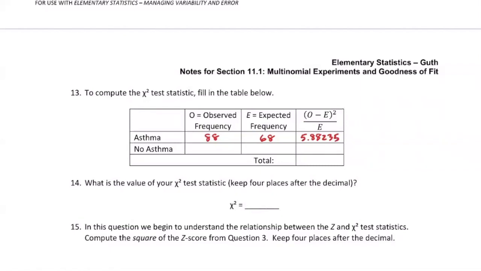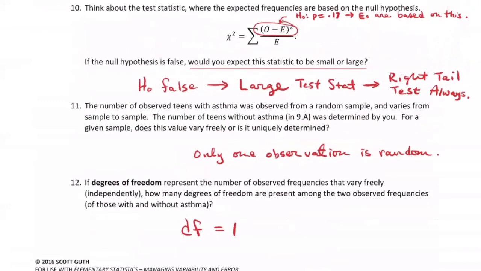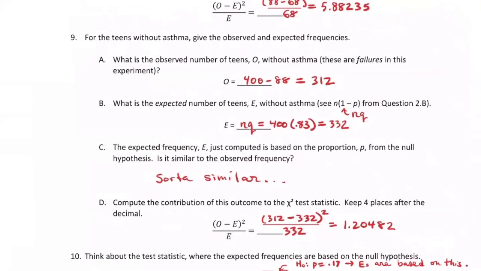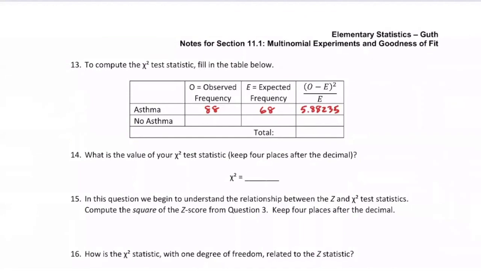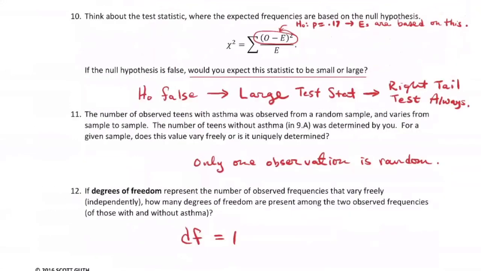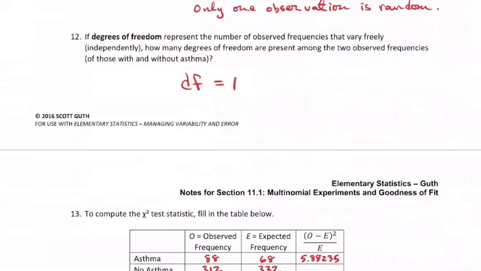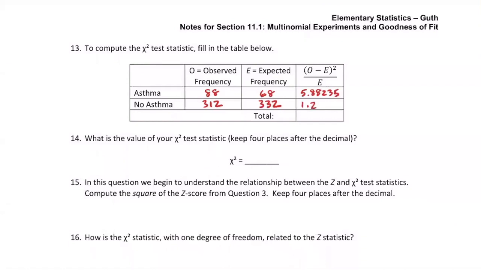With the kids without asthma, 312 observed and 332 expected, the chi-square contribution is 1.20482. Then we have to add up the total contribution to the chi-square statistic, which is the sum of both of the (O minus E) squared over E values. Let's add those up.